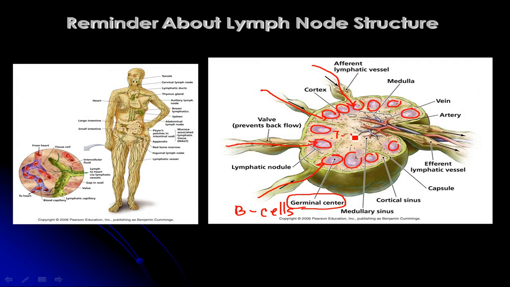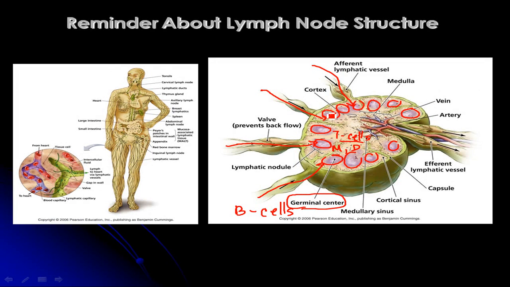Then kind of here in the middle you have T cells. You also have macrophages and dendritic cells in there as well. The macrophages and the dendritic cells have engulfed antigens, probably from elsewhere, and are now in here trying to show those to the appropriate T cells, hoping they'll find the correct T cell.